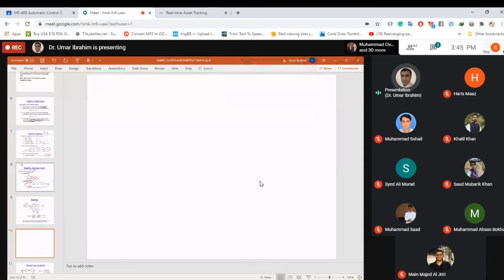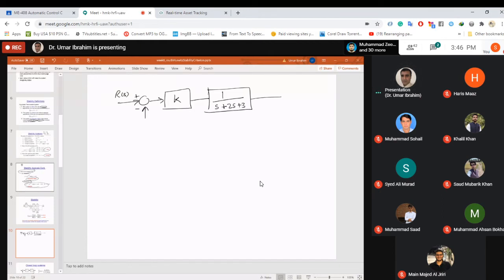Positive, negative, this is R of S, and this is K, and this is 1 over S squared plus 2S plus 3. And let's suppose this is C of S.